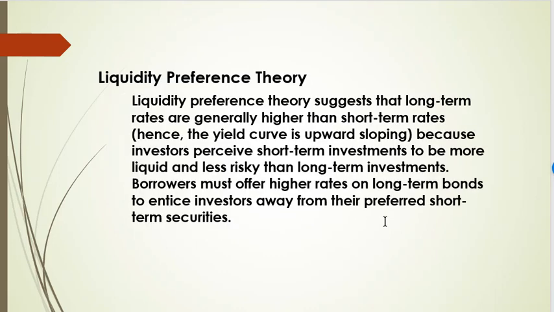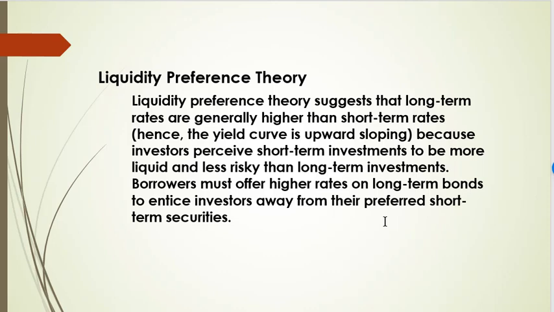Another theory that might help us is something called the liquidity preference theory. This, again, we've talked about. It suggests that people in general want short-term investments rather than long-term investments. So to entice people to lend long-term, we have to pay them a higher rate of return.